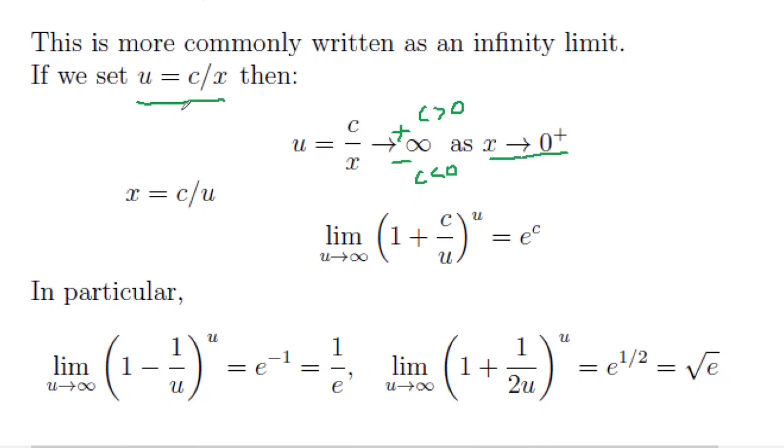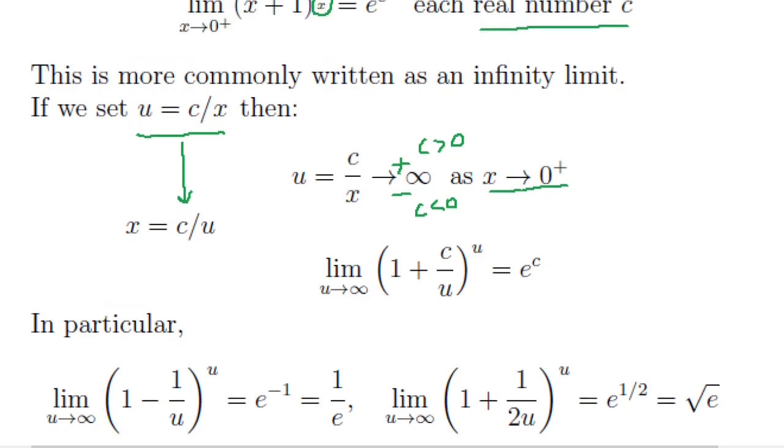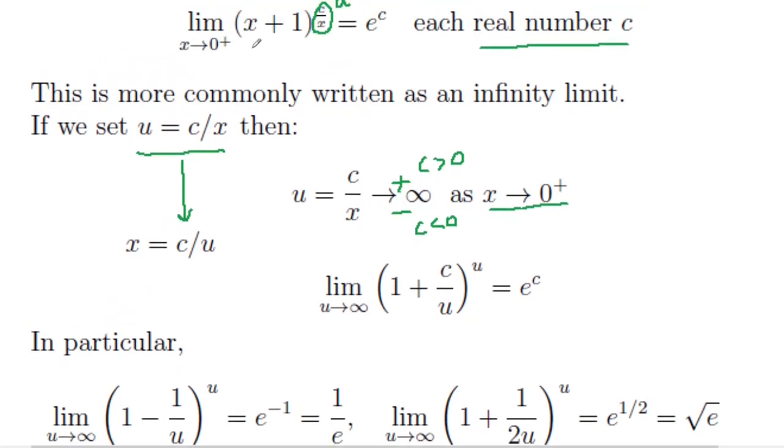Secondly, if u is c over x, then x is c over u, so we can make some substitutions in the original expression. x becomes c over u, 1 stays itself, and c over x is u, and so the whole thing comes out to e to the c.